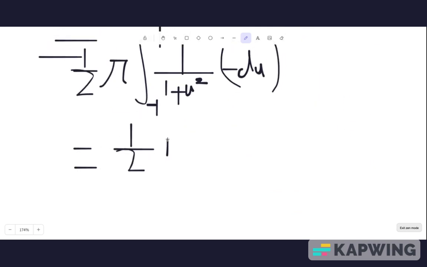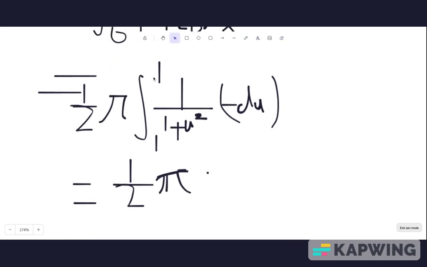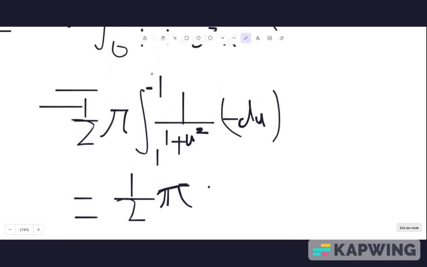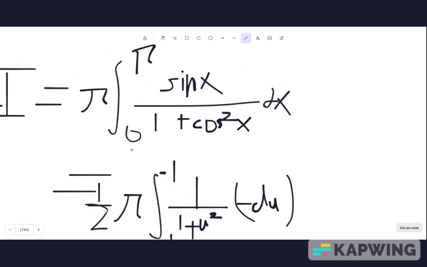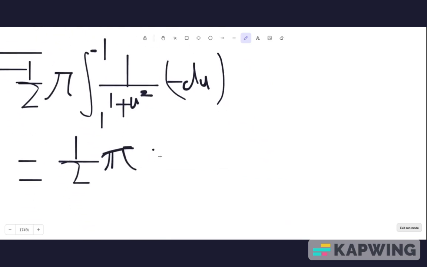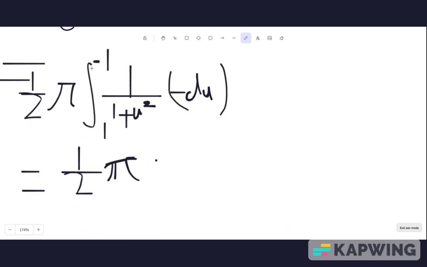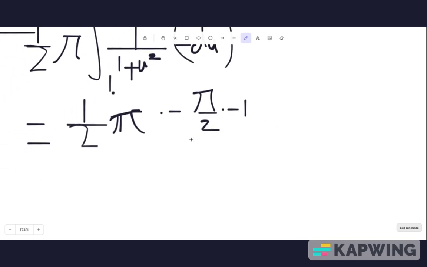So we have 1/2 pi times the arctangent from 1 to -1, because cosine goes from 1 to -1 as x goes from 0 to pi. And that is going to be negative pi over 4 minus pi over 4, which is negative pi over 2. We also have this negative, so don't forget about that.